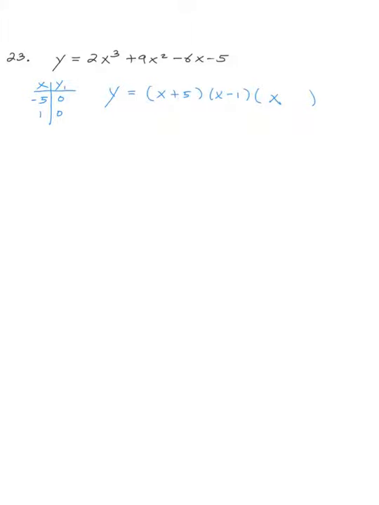The product of these three terms has to take me to a 2x cubed. This is definitely a 1x. That is a 1x. For this whole thing to work out, there would have to be a 2 here. So I'm just going to go ahead and put in, well, that's got to be 2.